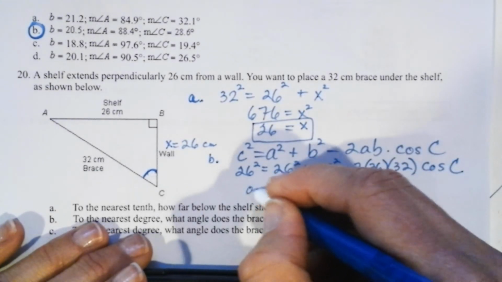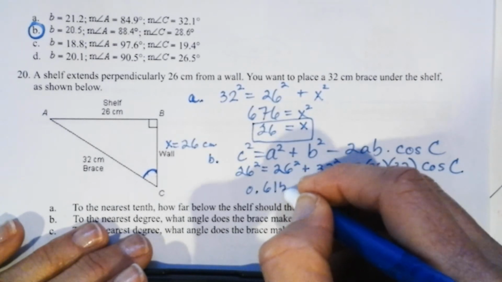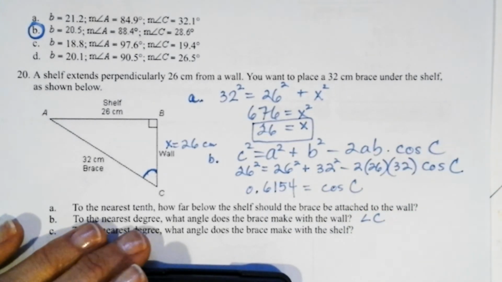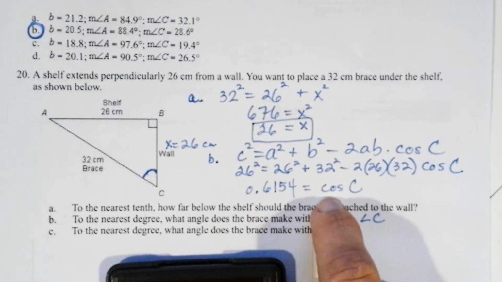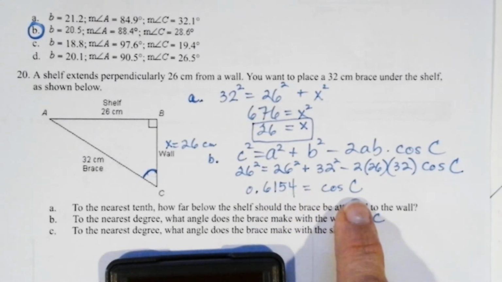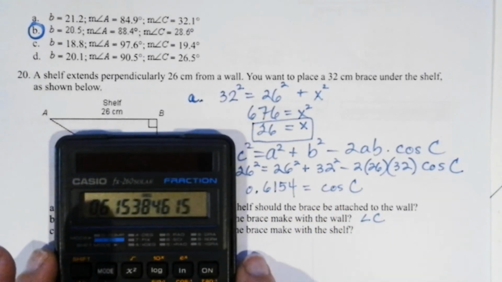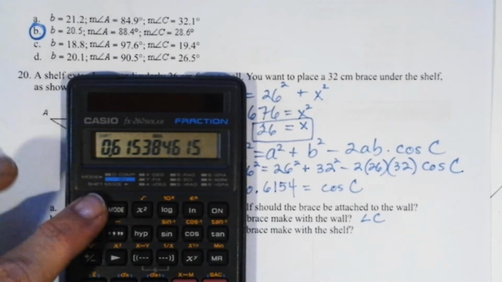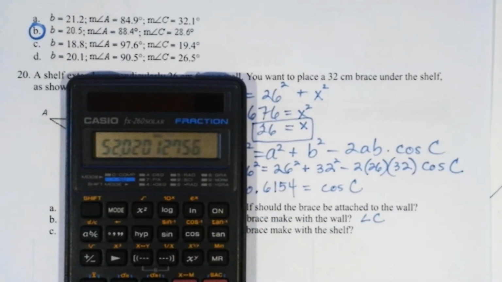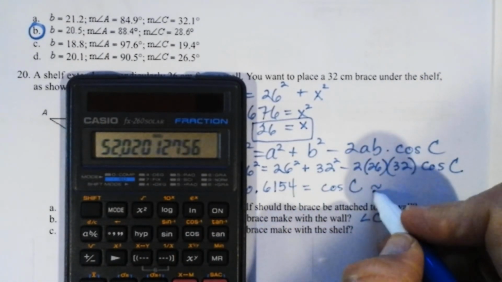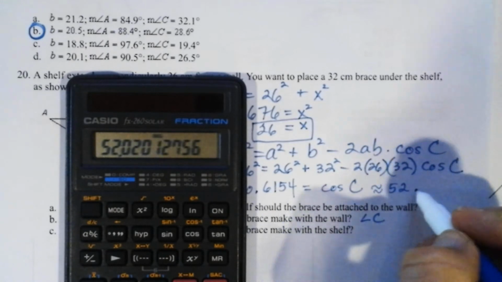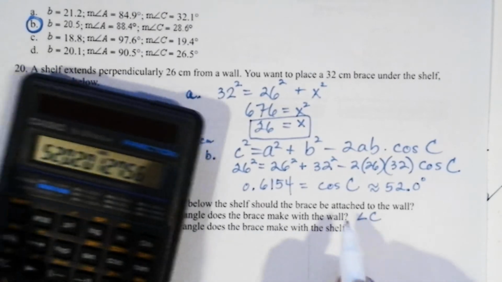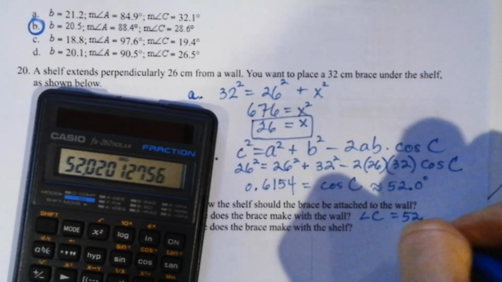And I get 0.6154 equals cosine of C. And remember, this is the inverse part, where if you have the ratio and you want the angle, on the screen, this is where I'm going to do the shift button, shift, and then go to cosine. And that gives me approximately 52.0 degrees, so to the nearest degree, that'll give me 52 degrees.